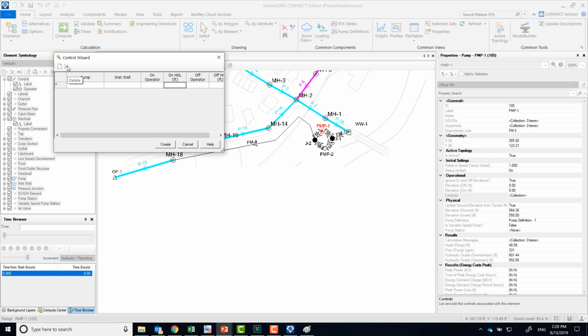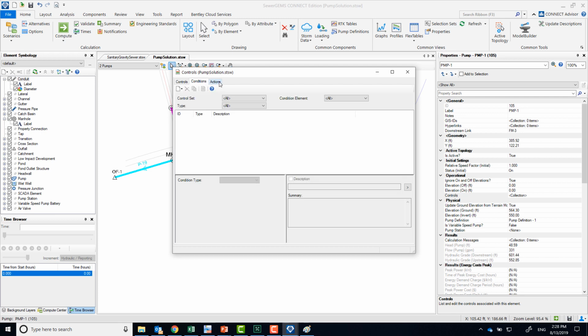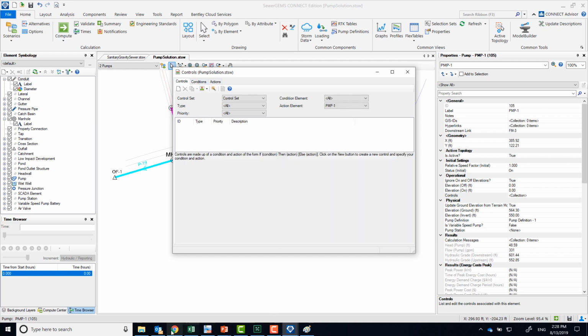However, if your controls are more complicated than that, they involve times or flows or other things other than wet well levels, then you would want to set up conditions, actions, and then combine them in a control. That's what we're going to take a look at now.